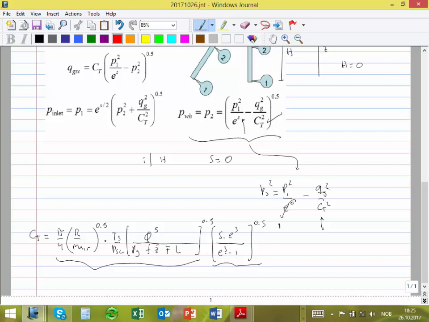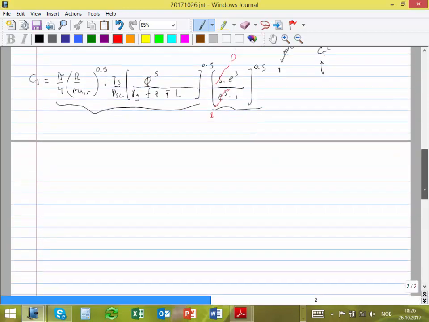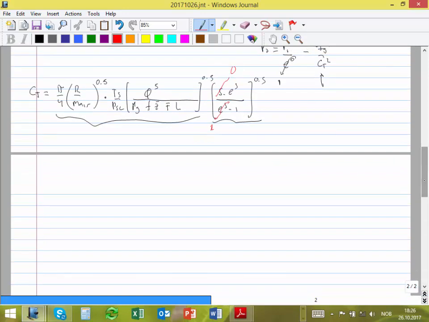What happens when S equals 0? This one equals 1, and that's something we don't want in math. That becomes indeterminate. And then you have here 0, so you have 0 by 1, and that becomes not so nice. One way that you can verify, when you're bored at home and want to find something to do, you can do it.